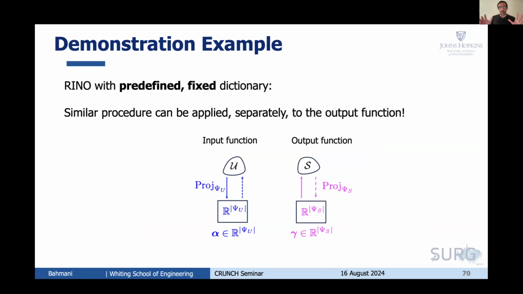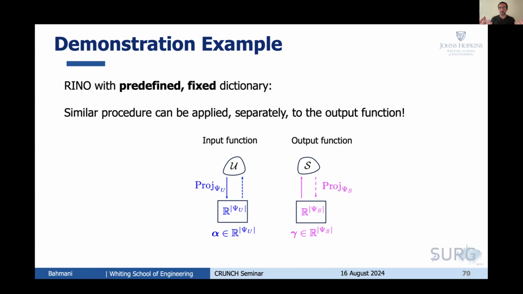The other idea is that what we did for the input function, we can do exactly for the output function, to learn a dictionary for the output function. These trainings are completely separate. You can see this as like a POD DeepONet, where we learn the POD modes corresponding to the output function. But POD is mesh dependent. Here we can leverage what we built for the output function to find bases that make it resolution independent.